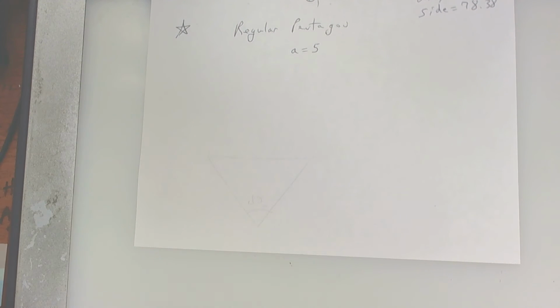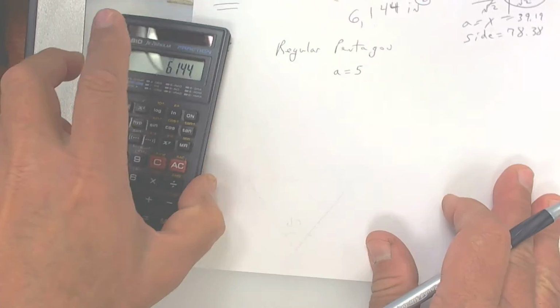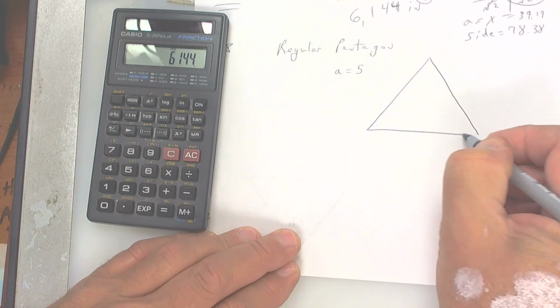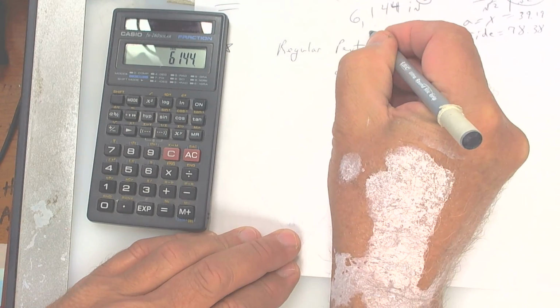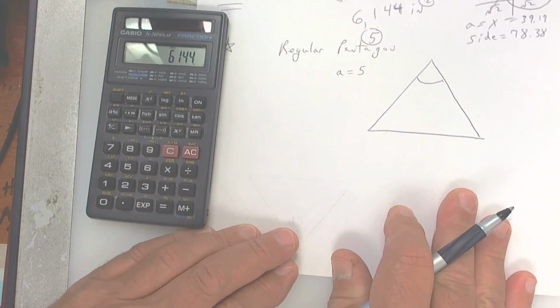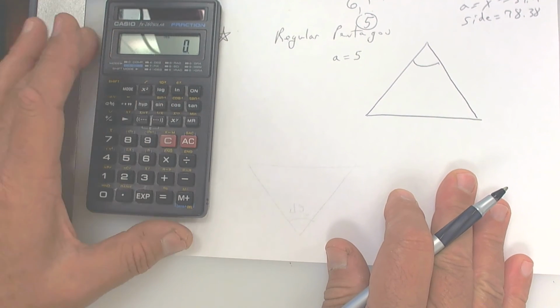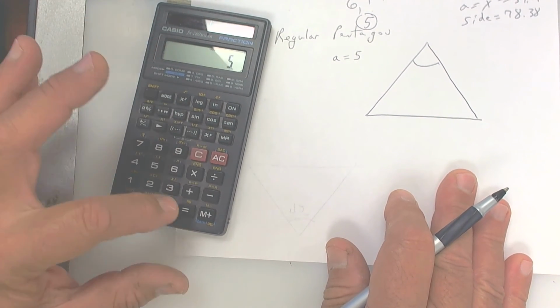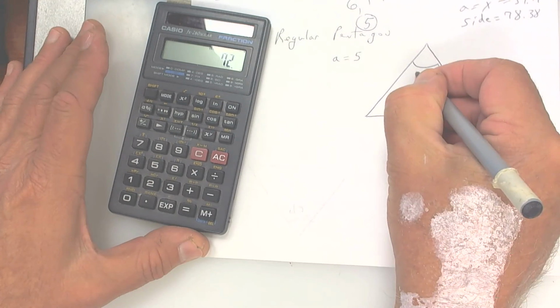Copy this one down. It's a regular pentagon, so you're going to start off with your big triangle, and a pentagon has 5 sides, so you want to take 360 right away. 360, which is a whole circle, divided by 5. That upper angle is 72.